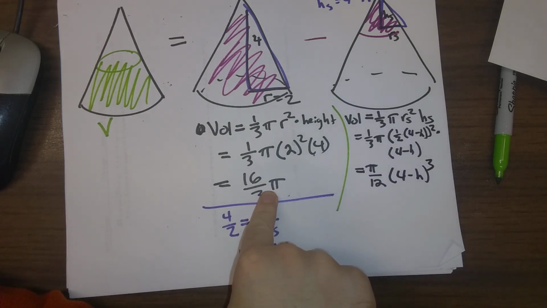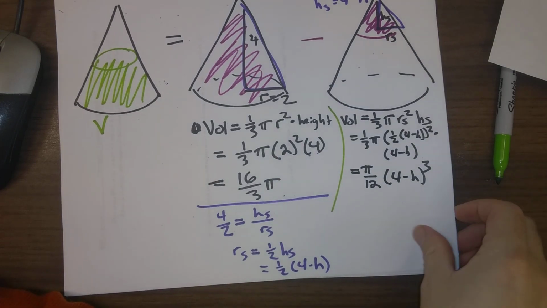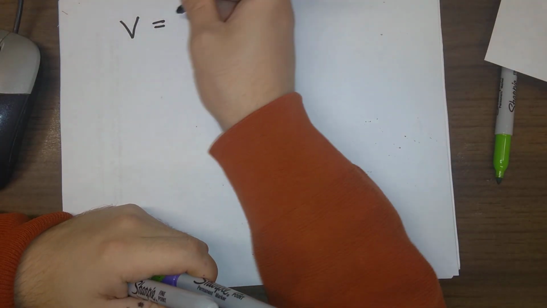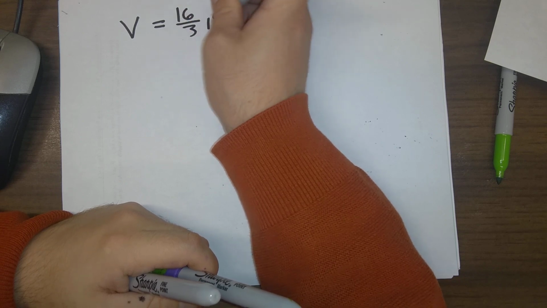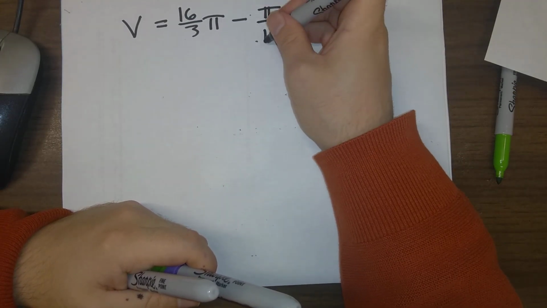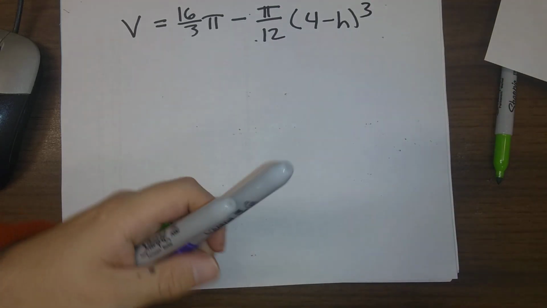It's this minus this. Okay, so let's go to the next slide to copy that down. Our volume is 16/3 pi minus the volume of the space above, which is pi over 12 times 4 minus H cubed.